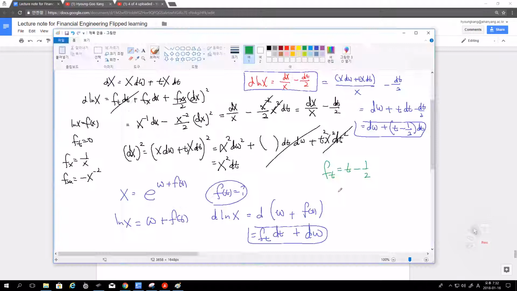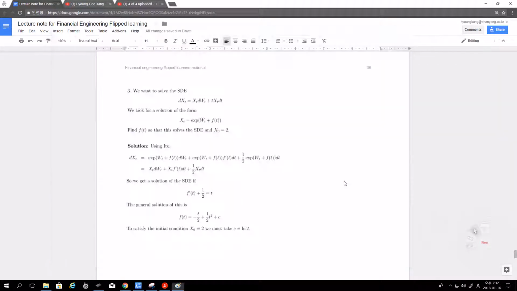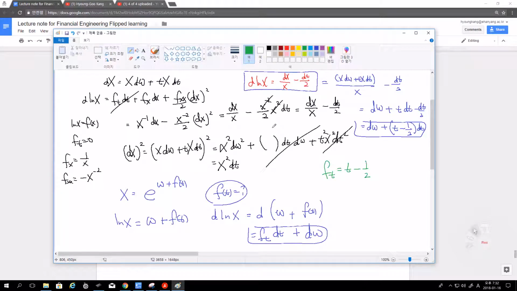Actually f prime of t, yeah. So we have the same one. Now we want to solve this one, and then the initial condition, given x naught equal to, right?